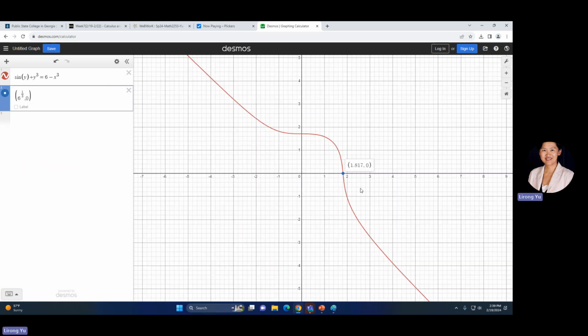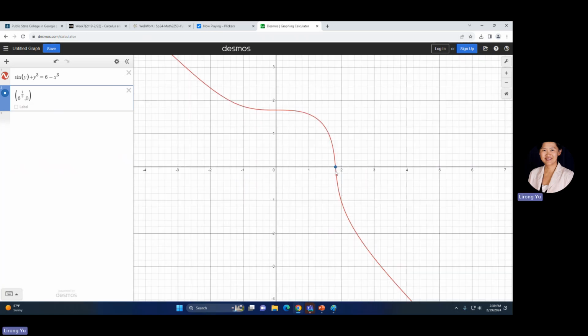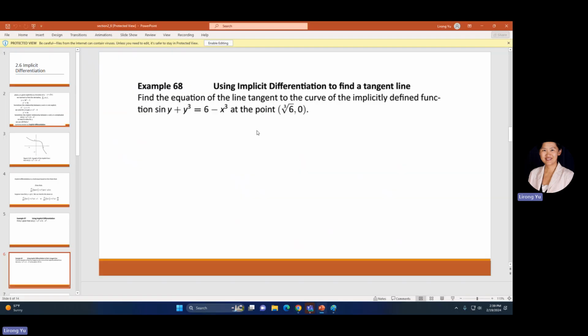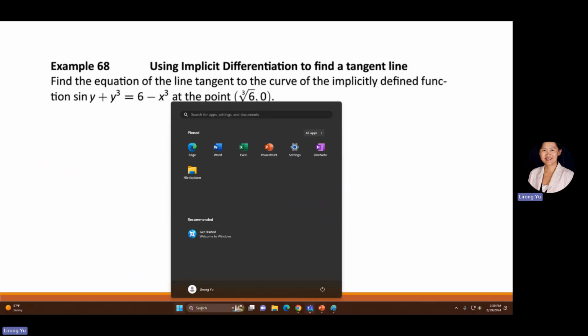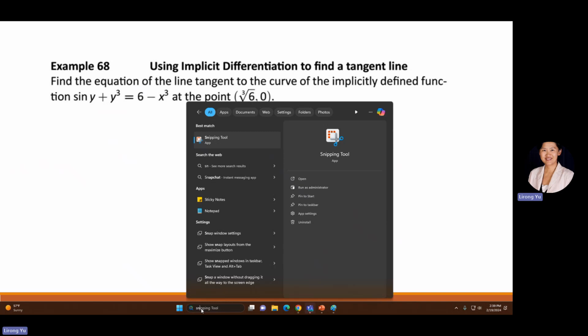That's that point. You can see it has a negative slope, and here we're going to determine a tangent line for this point. We have a point, and we have to know the slope in order to write the tangent line.